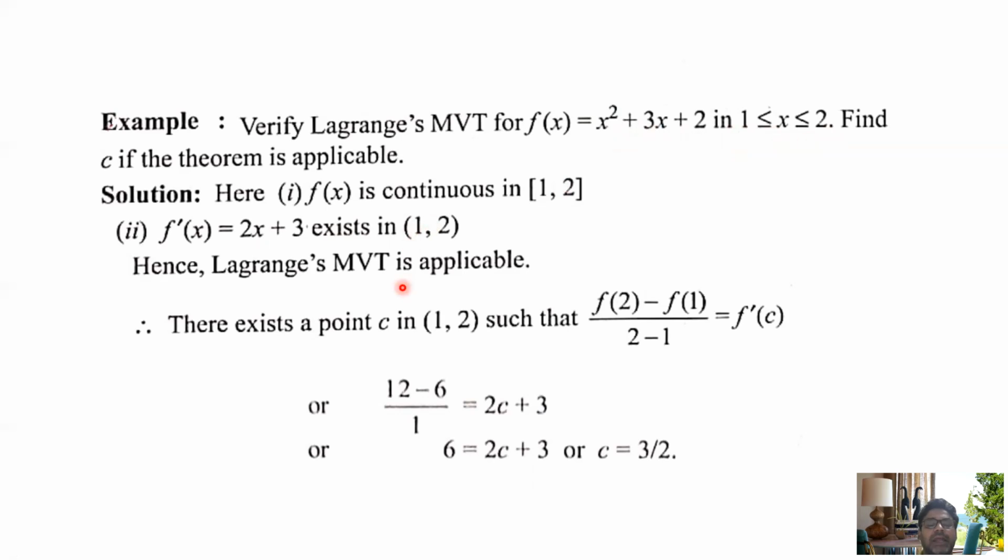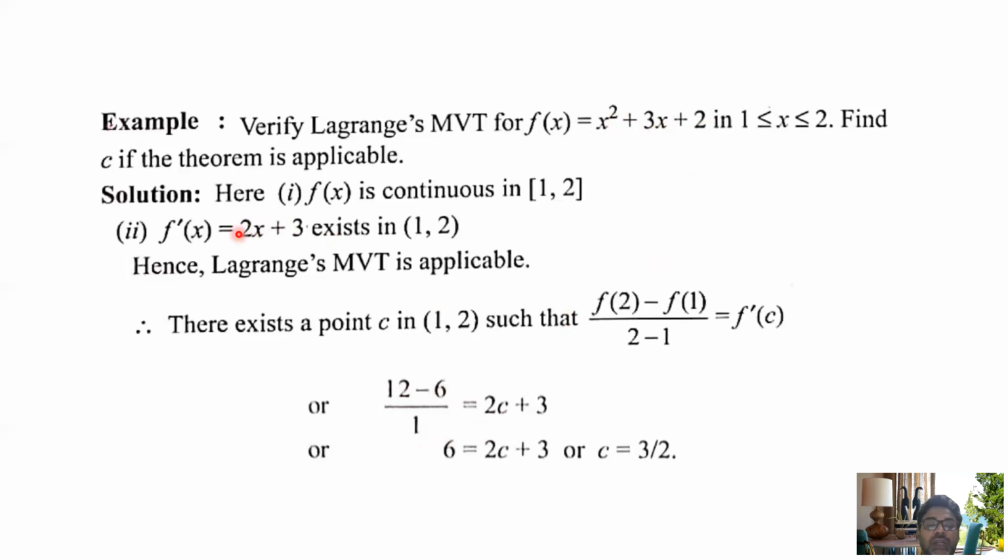Then according to the Lagrange mean value theorem, there exists a point c in 1 comma 2 such that (f(b) minus f(a)) by (b minus a) equals f dash c. What is (f(2) minus f(1)) by (2 minus 1) equals f dash c. What is f(2)? If you substitute here, f(2) is 4 plus 6 plus 2, that is 12, and f(1) is 1 plus 3 plus 2, that is 6. 12 minus 6 by 1 equals f dash c.